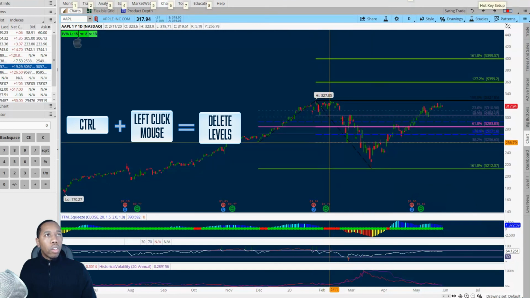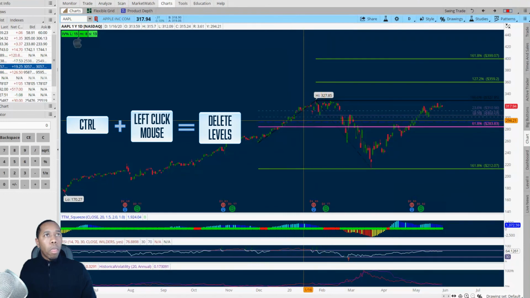So all these other zones here, or these levels, I'm just going to erase them because we don't need them anymore. And the reason why you don't need them anymore is because price itself has breached those levels. We're only keeping what has not been breached. Okay. If it hasn't been breached, then we're keeping it.